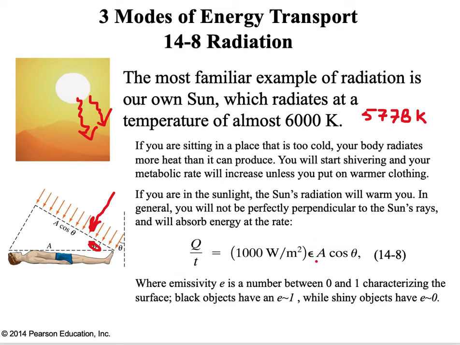E is the emissivity, and it's a number between 0 and 1. Black objects have an emissivity of 1 because they absorb most of the sunlight. But if you're wearing white clothes or shiny metal clothes, then you're going to reflect most of that sunlight and your emissivity will be down to 0. So it depends on what you're wearing where that emissivity value comes in.